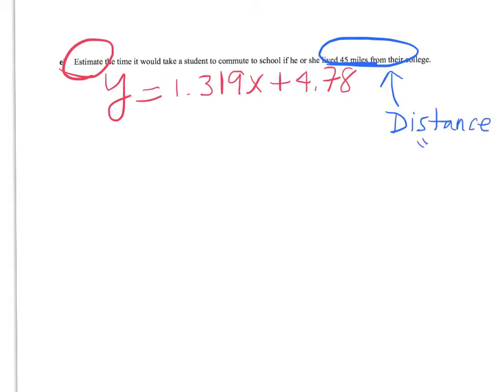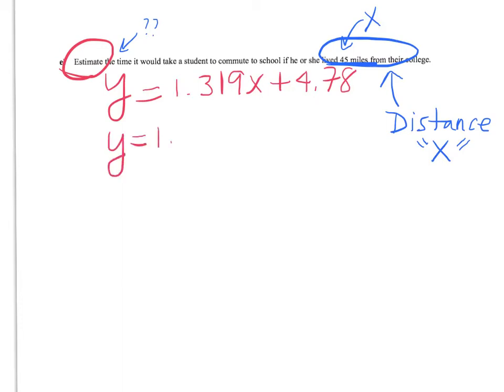If we go back to step number 1, what variable was that? That was our x variable. So they're giving us an x value right there, and they're asking you to find the time, which is your y. So you want to know when x is equal to 45, what is your y value?